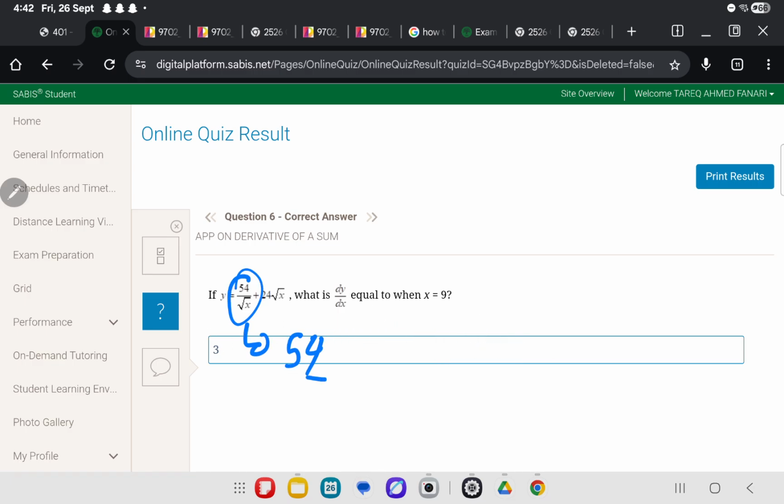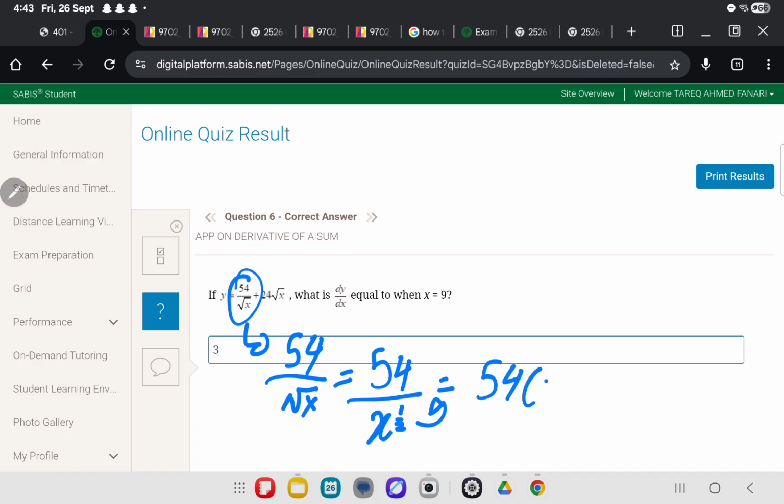So, 54 over radical x can be rewritten as 54 over x to the power of 1 over 2, which is 54 into x to the negative half. Deriving this, the derivative is negative 0.5 times 54, negative 27, times x to the power of negative half minus 1, which is negative 3 over 2.